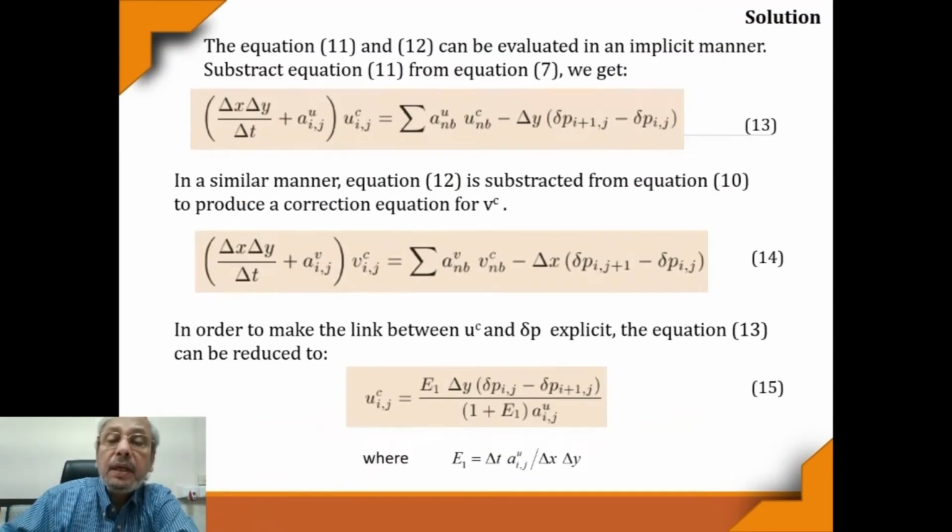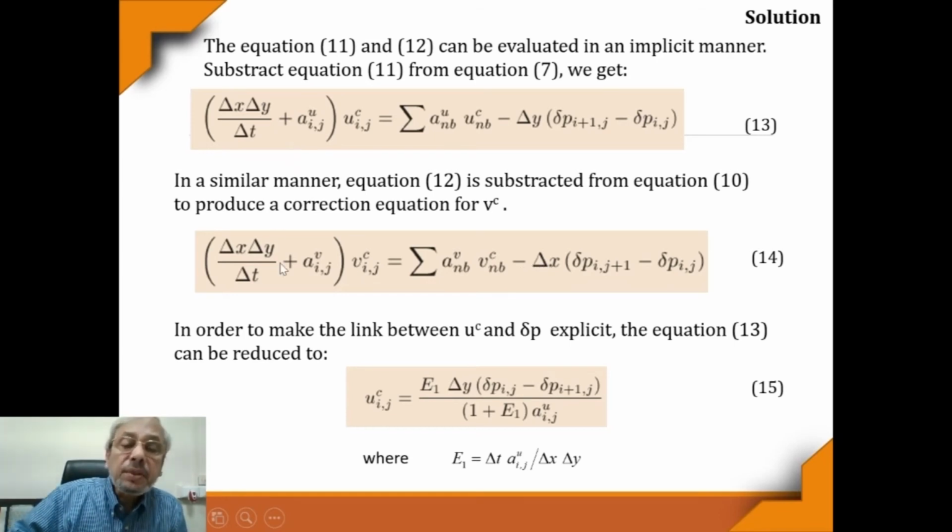We will get equation 14. This is the v velocity correction equation, and the pressure term has delta p_i,j+1 minus delta p_ij, into delta x.